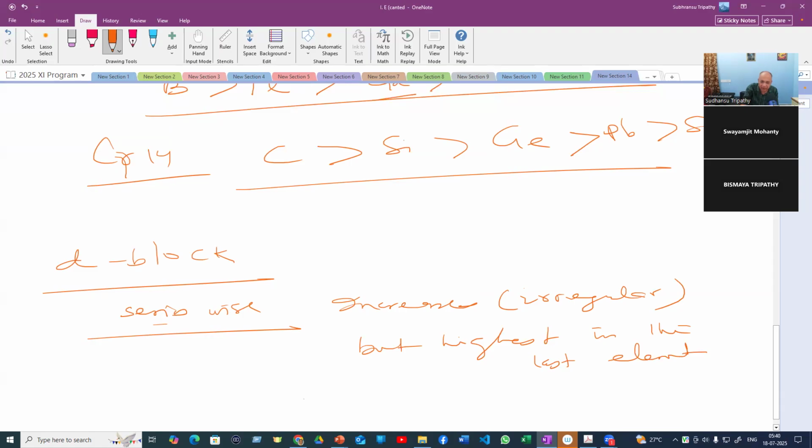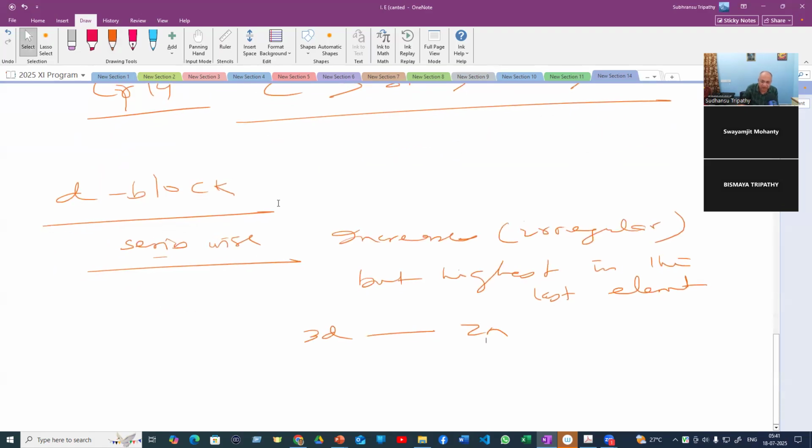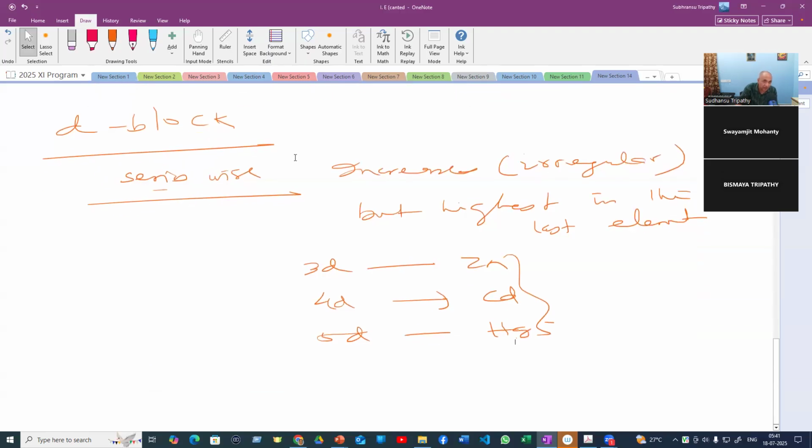For example, 3d series, zinc highest; 4d series, cadmium highest; 5d series, mercury highest. Copernicium, nobody has done any research on, it is a very unstable and synthetic element.